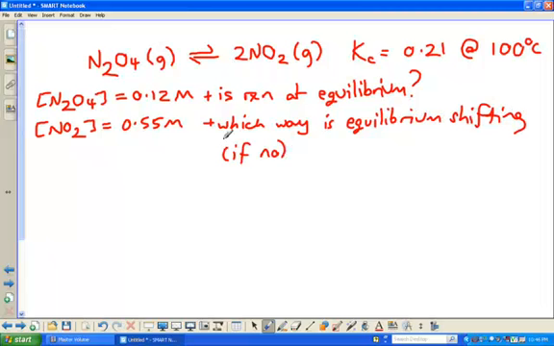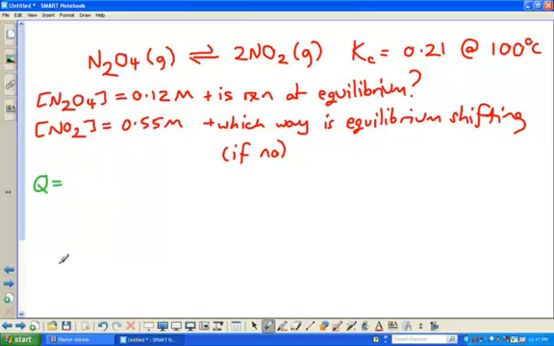So let's handle the first question. Is the reaction at equilibrium? How would we figure that out? We have our equilibrium constant, but we don't really have anything else. We have these concentrations, but what do you think we can do with them? Well, the question says these concentrations are at some point in the reaction, so I can write out my expression for my reaction quotient.